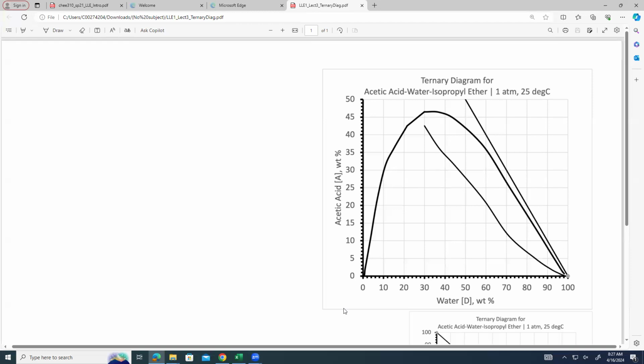So let's start with point Y. This is where we have a point that is lying exactly on this equilibrium curve.